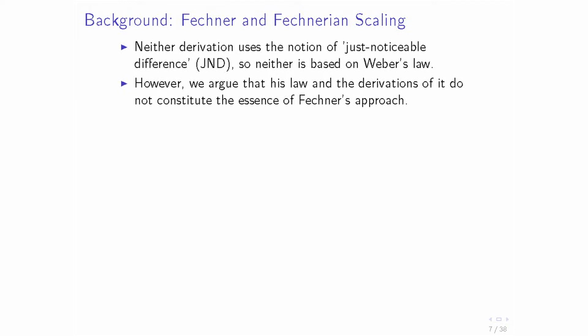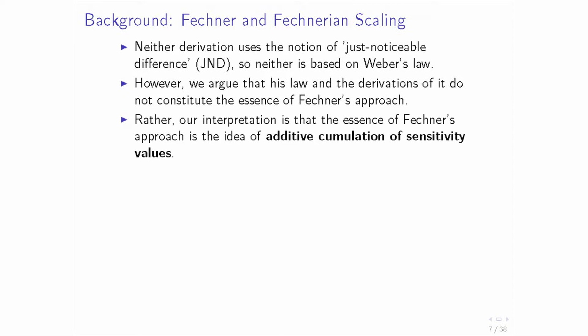We will argue that his law and the derivations of it do not actually constitute the essence of Fechner's approach. What we consider as the essence is really the idea of additive cumulation of sensitivity values. And let me just expand on that a little bit.